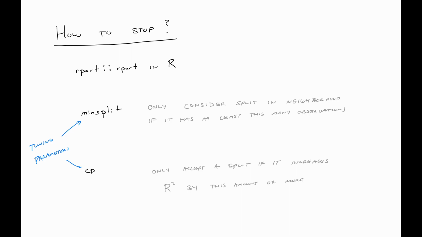So minsplit is a tuning parameter for the number of observations that have to be in a neighborhood to even think about splitting it. This might be illustrated by thinking about the extremes. If you set a minsplit of 2, then if you can split when there are 2 observations in a neighborhood, the 2 resulting neighborhoods only have 1 observation. So that means you can always split.